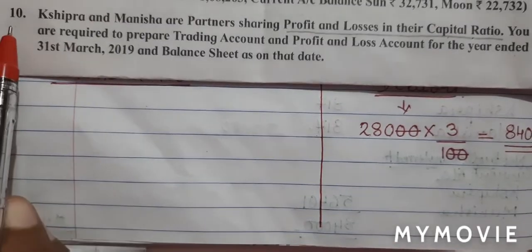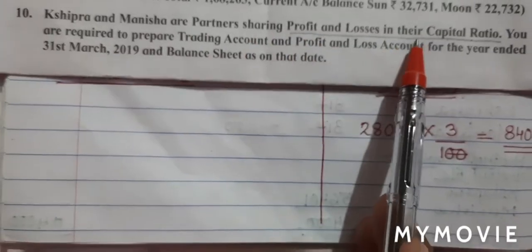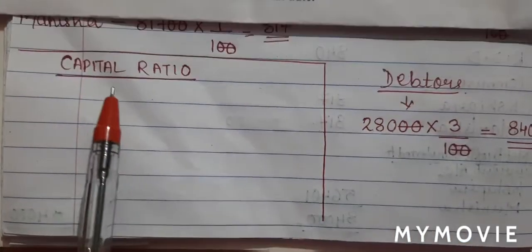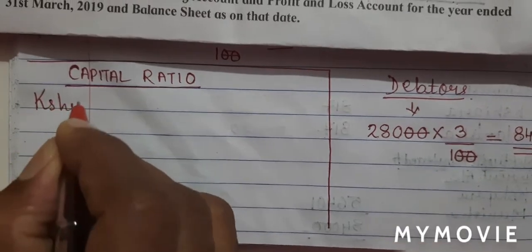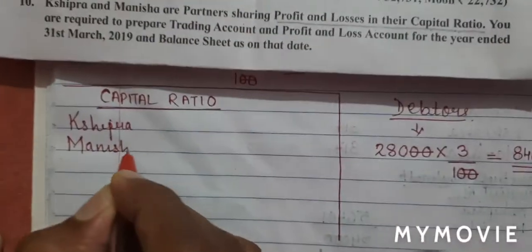When we read the sum at the beginning, we had read that the partners are sharing their profit and losses according to their capital ratio. So we will be calculating the capital ratio. The capital amount for Shipra and the capital amount for Manisha.